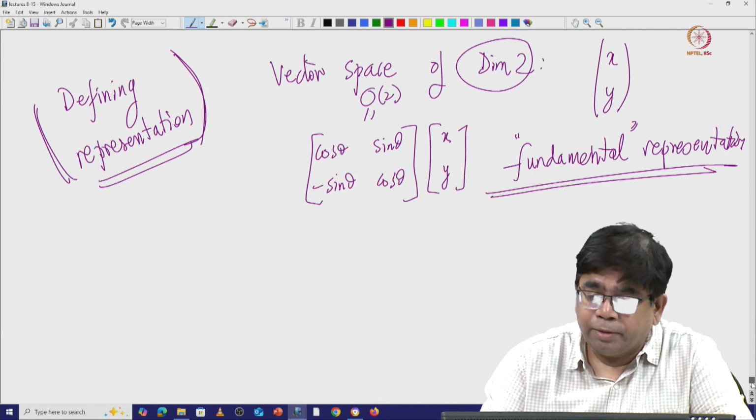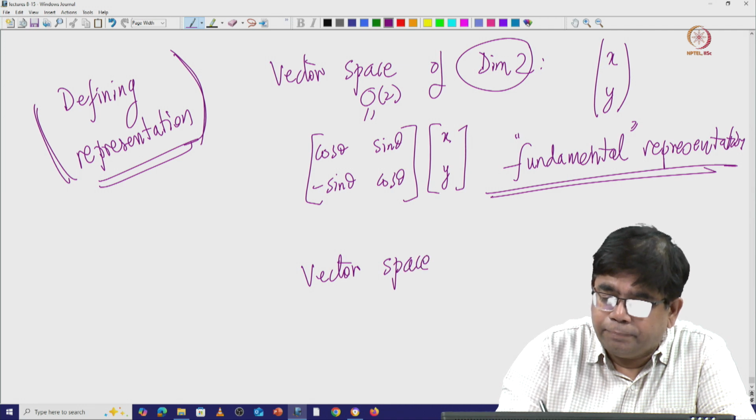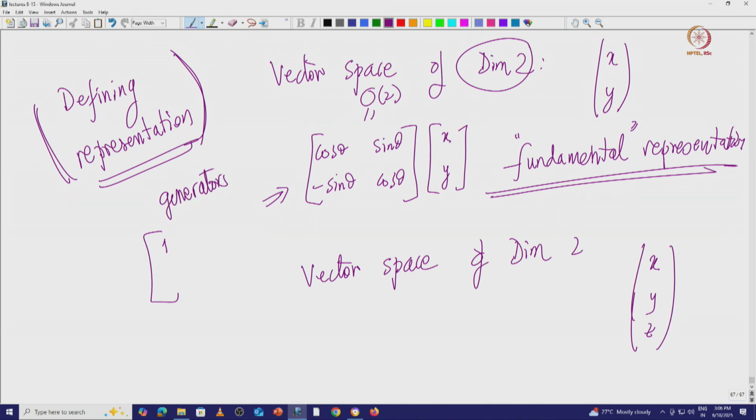Say for example, you consider a vector space of dimension 3, so you have x, y, z. Here you can have rotations in the yz or xy plane, which is only 2-dimensional. The generators in this case are nothing but 1, -1, 0.